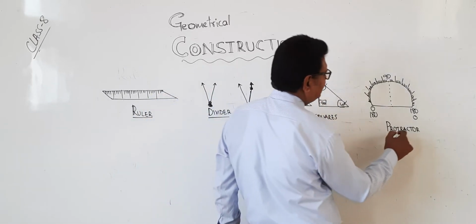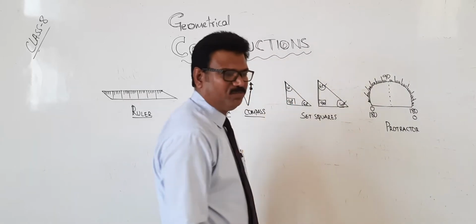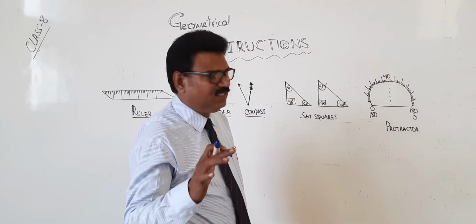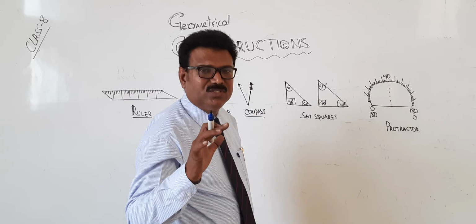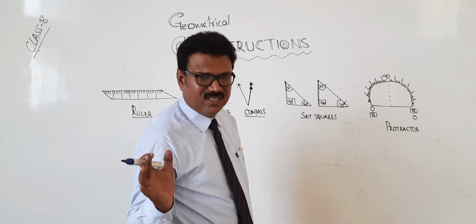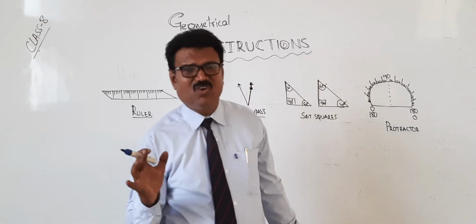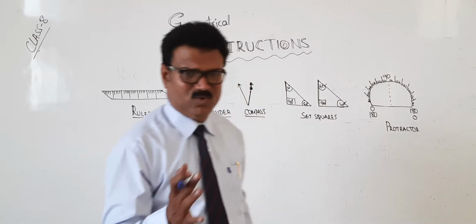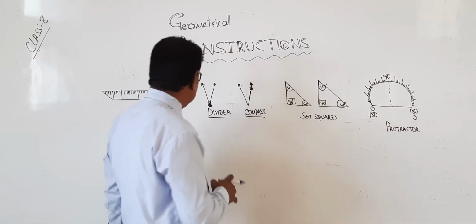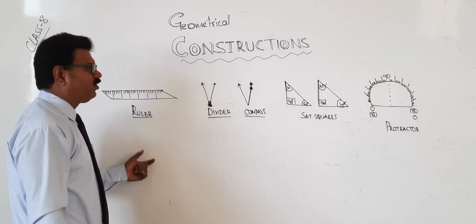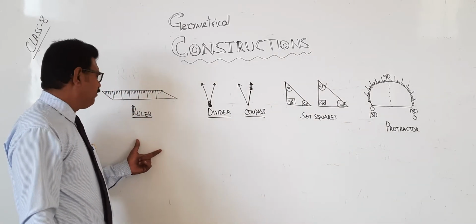And the last one is the protractor. Protractor is useful to draw angles or to measure the angles. To draw the angles or to measure, one and the same. Okay? Yes. So these 5 instruments, 4 instruments are very important.